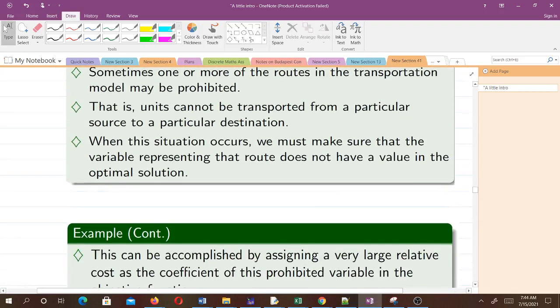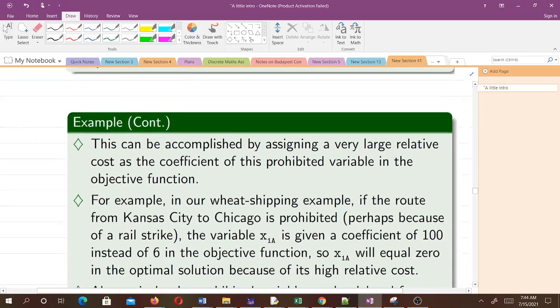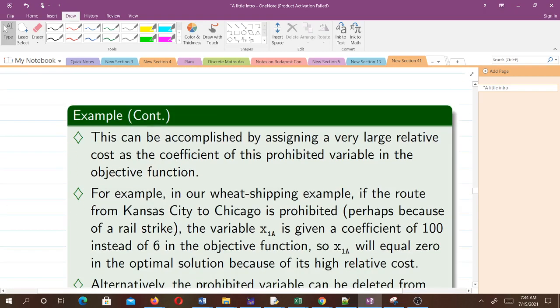So when this situation occurs, we must make sure that the variable representing that route does not have a value in the optimal solution. And this can be accomplished by assigning a very large relative cost as a coefficient of this prohibited variable in the objective function.